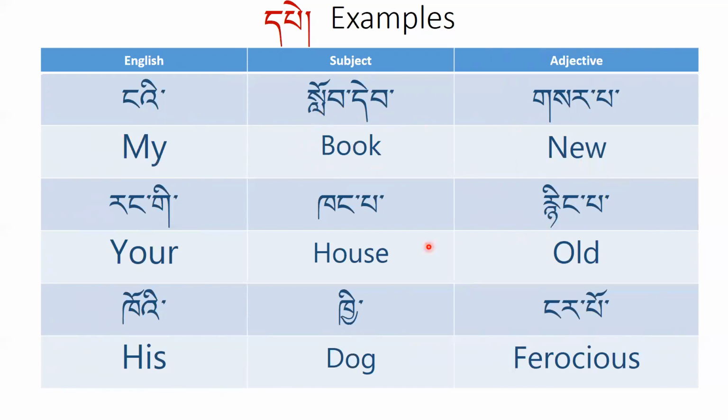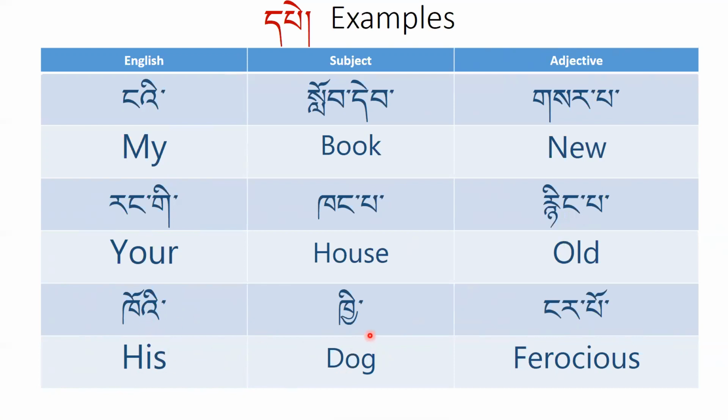Similarly, rangi, your, kangba, house, nyingba, old. Rangi kangba nyingba. That means your old house. Again, the adjective is after the noun. So this pattern is the same throughout these examples, so I'm not going to repeat it here.